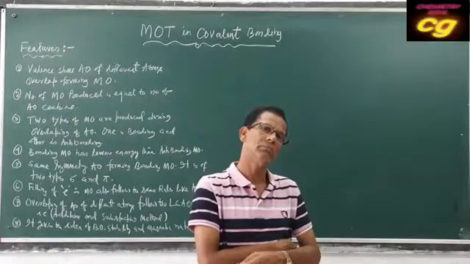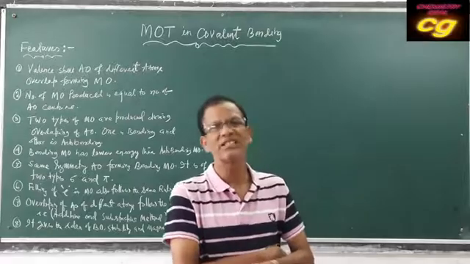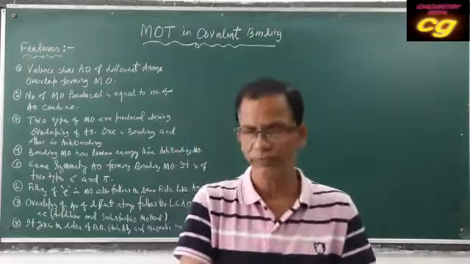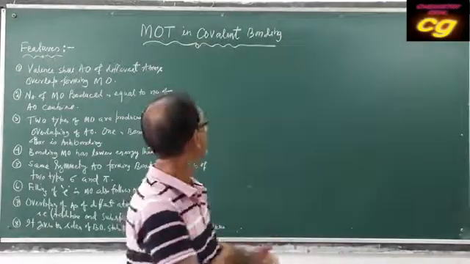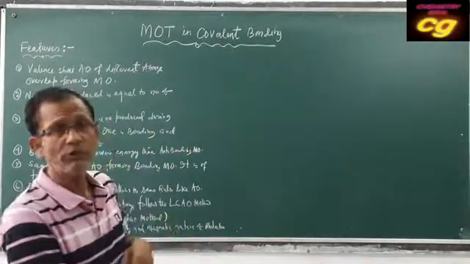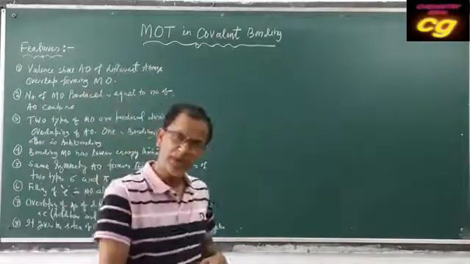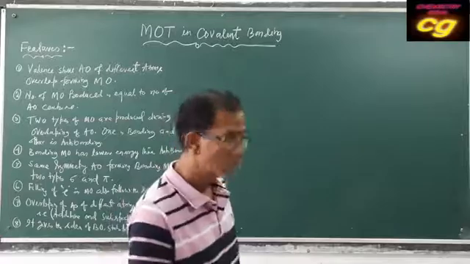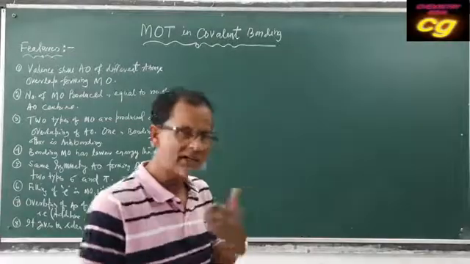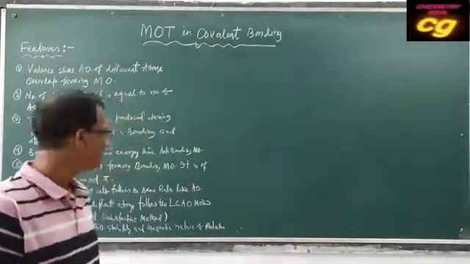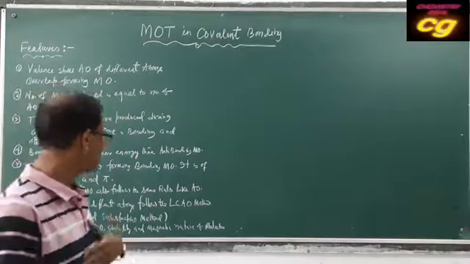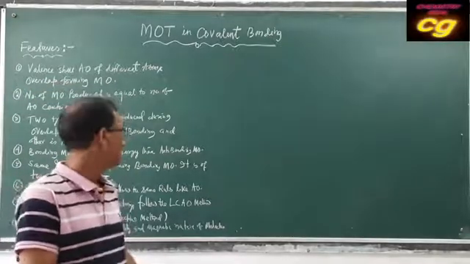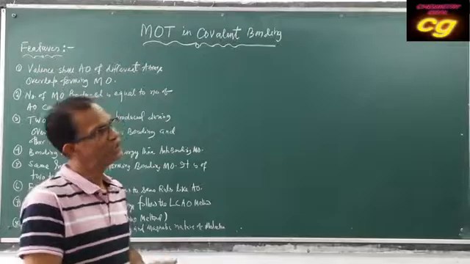This concept could not be explained by the valence bond theory. But the new concept, that is MOT, molecular orbital theory, can explain the nature of bonds, the magnetic character of the molecule, and the strength of the bond. So many things we will discuss.